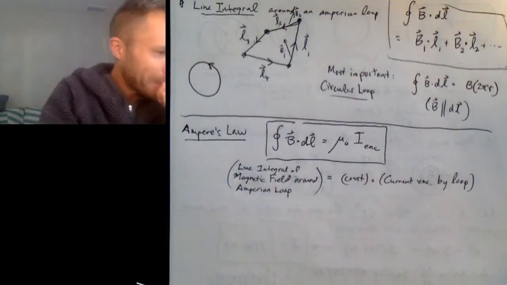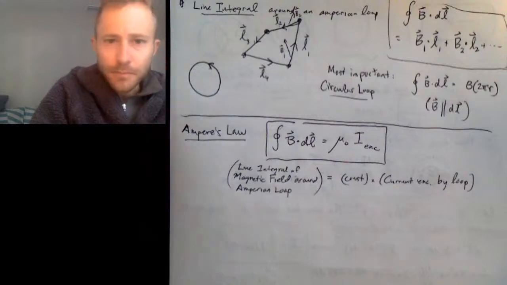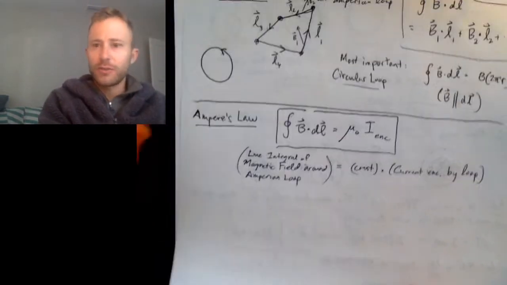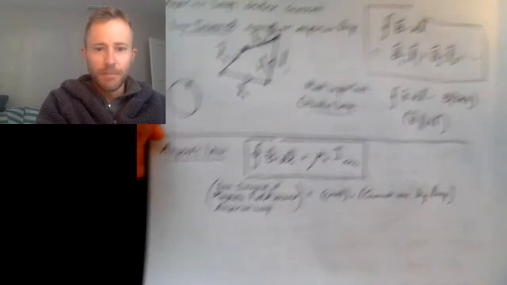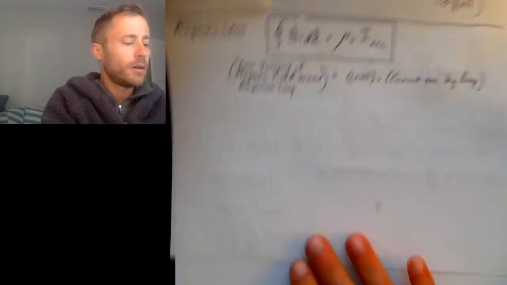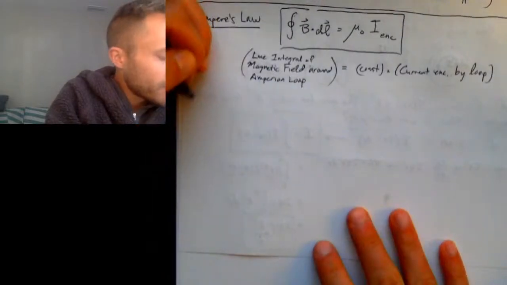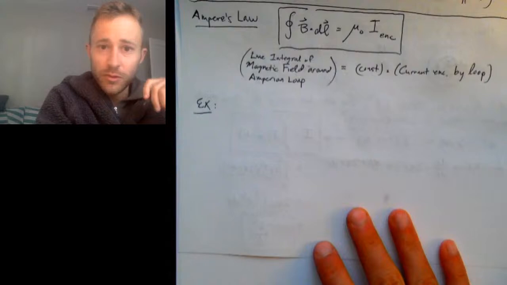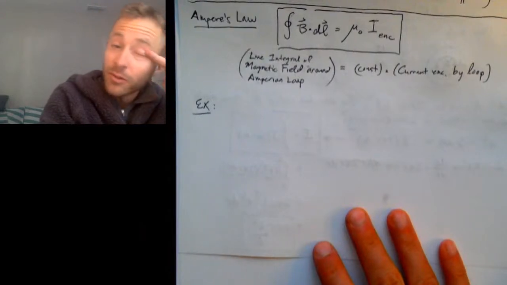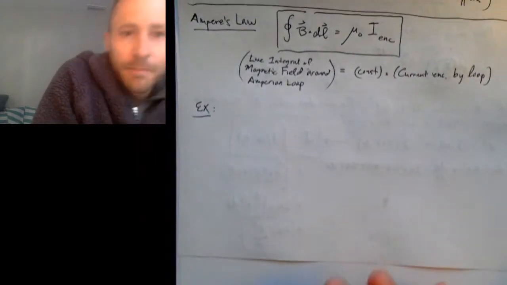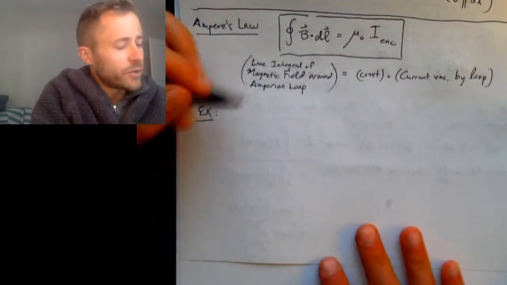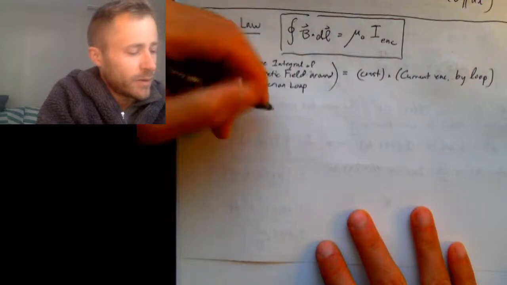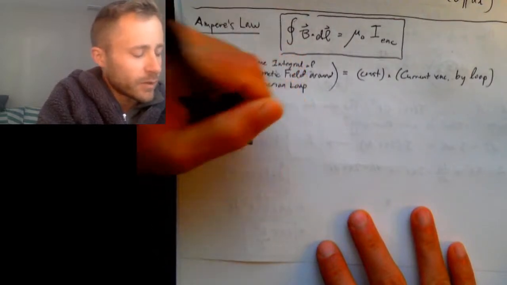So that's Ampere's law. So let's apply Ampere's law. All right. So let's do an example. We'll do 2 examples with Ampere's law. And so this first example, we've got 2 currents here.